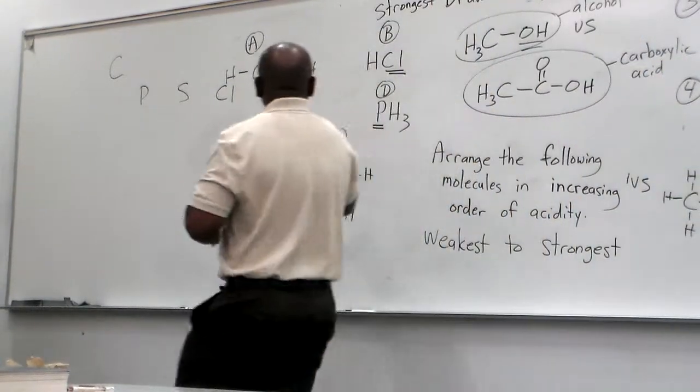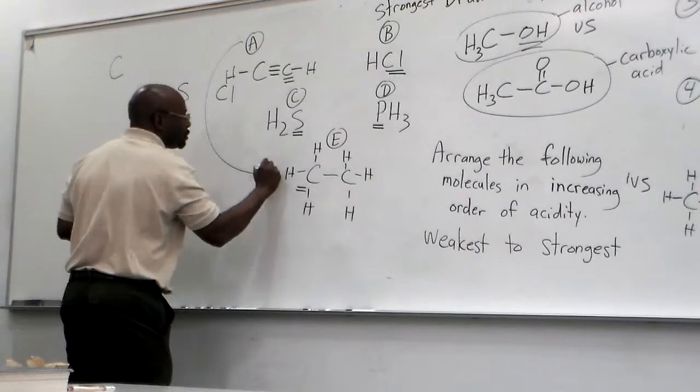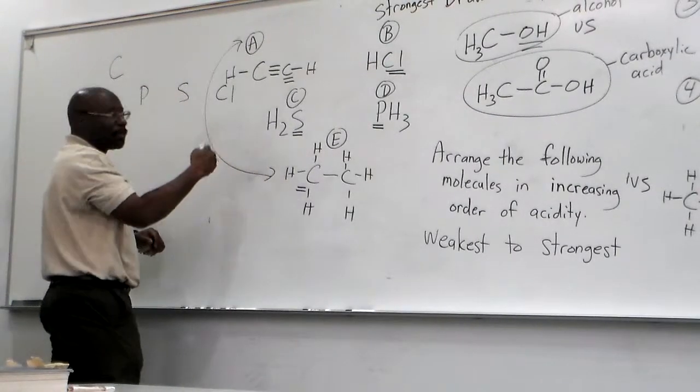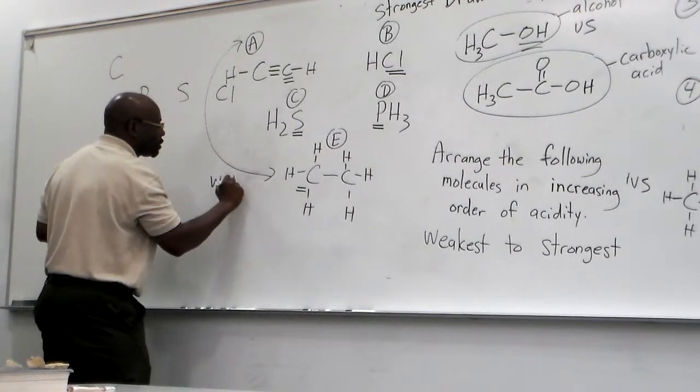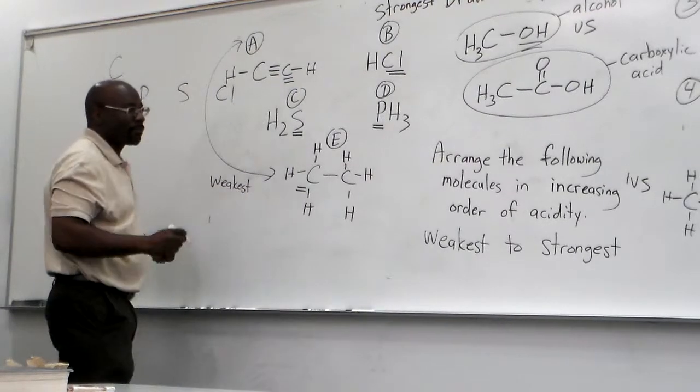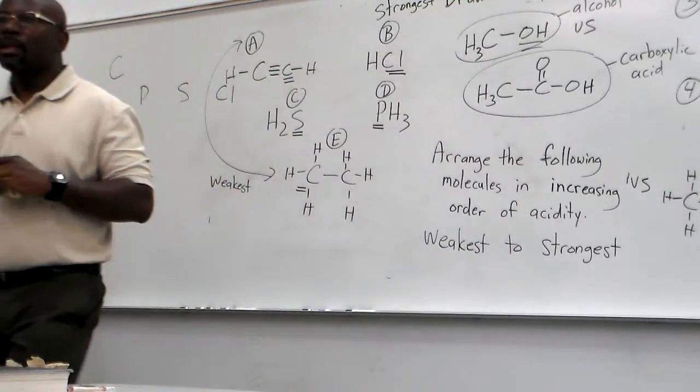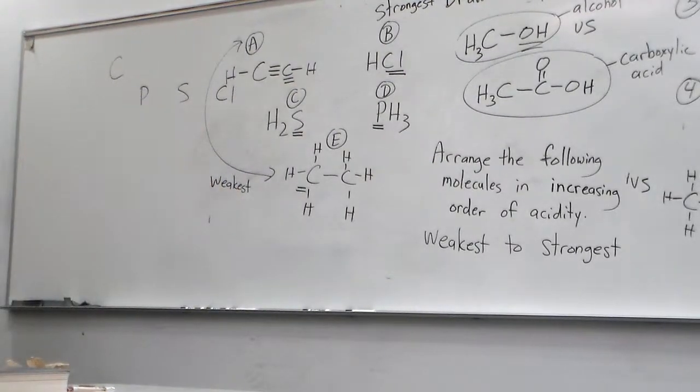We know that these two are going to be the weakest, but we don't know which one is which. We know the strongest is Cl, followed by sulfur, followed by phosphorus. So we got 3 of the 5 molecules already set.